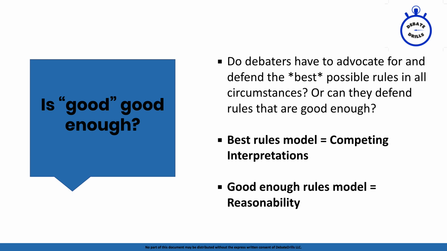The arguments in favor of reasonability that are most powerful are arguments about how if we're always looking for the best rule, we'll never actually end up talking about the topic, and we'll never end up actually having a debate about the resolution, because there's always probably another rule we could have followed that would have been slightly better. If we say you should disclose, we can always improve the way you should disclose and say you should actually have open source disclosed.